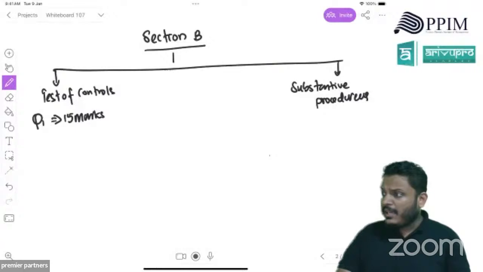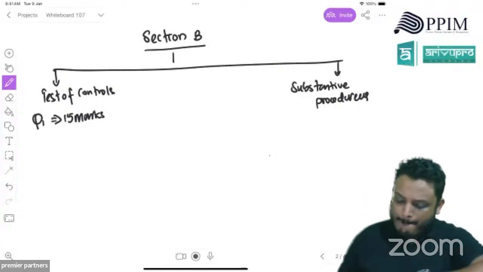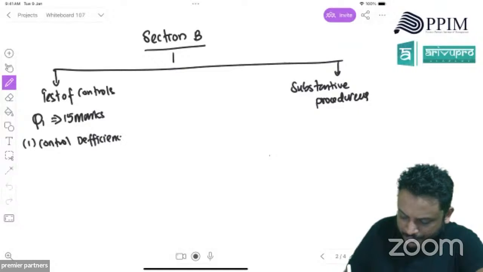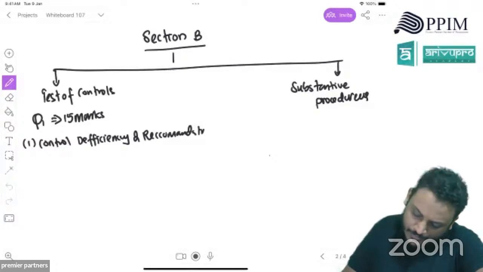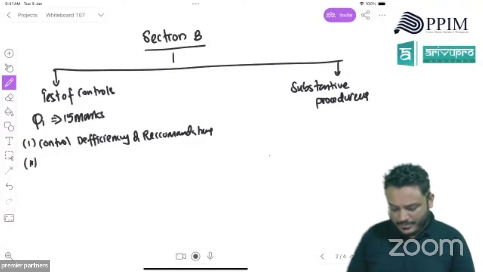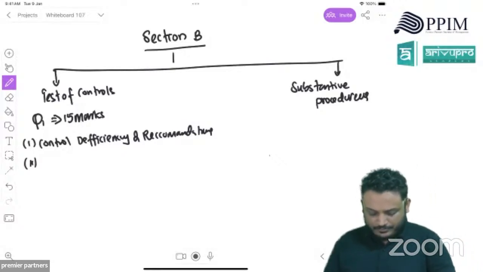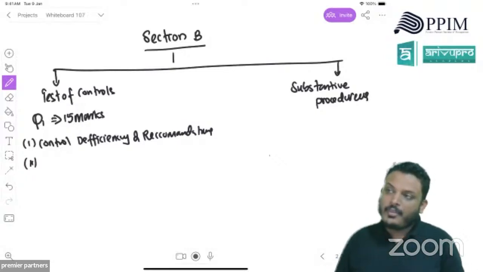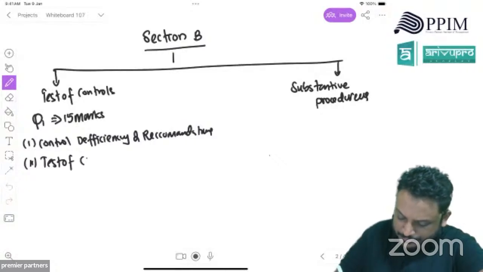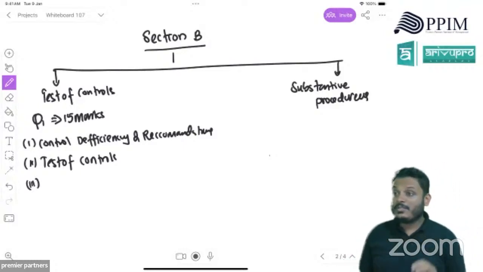Normally, this time, you will get control deficiency questions and recommendations. Sometimes you might get test of controls questions.